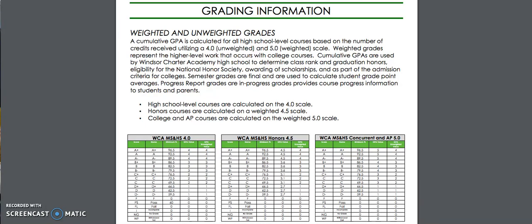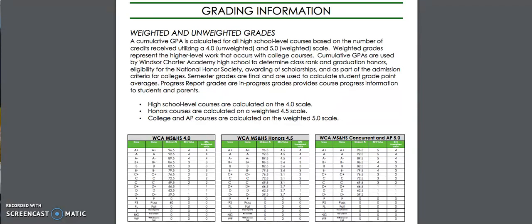This is where you can find information about grading, weighted classes versus unweighted classes, how GPA is calculated, the grade point average. And grade point average is used for a lot of things. It's used for determining who's on the honor roll, things like National Honor Society, valedictorian, getting into college and university, scholarships and things like that.